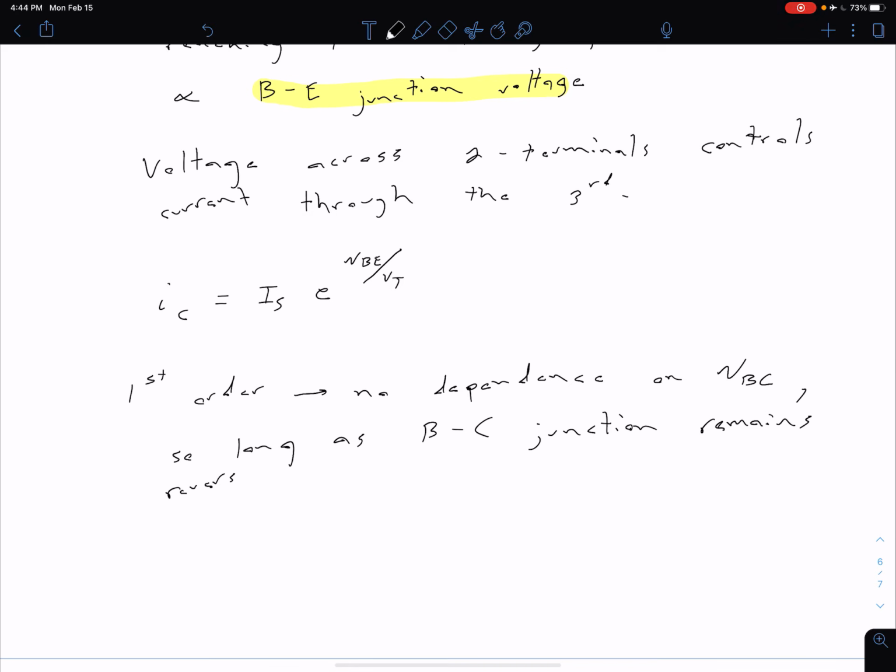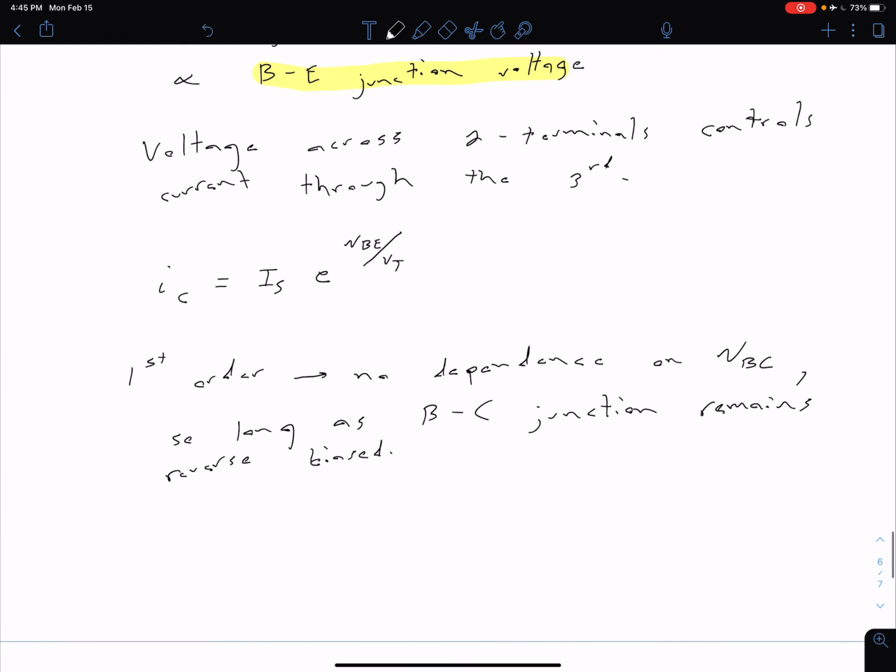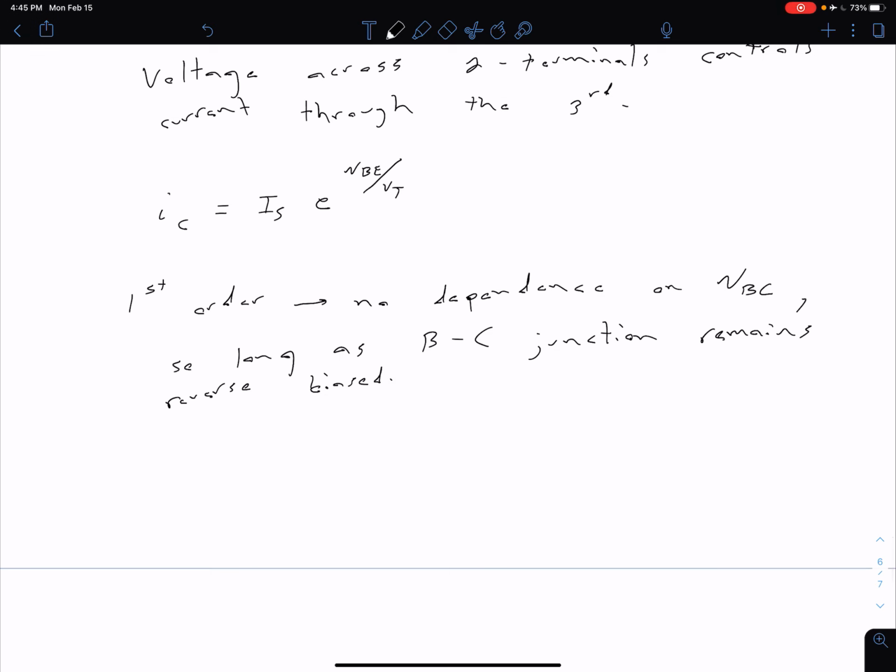The reason we want it to remain reverse biased is so that we stay in the forward active region. If it changes, then we're going to go into our saturation region.